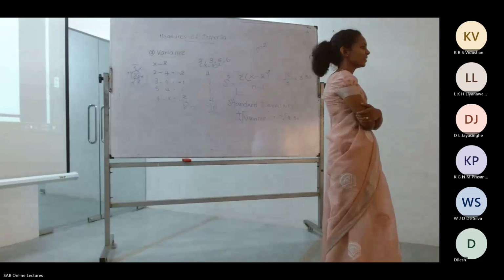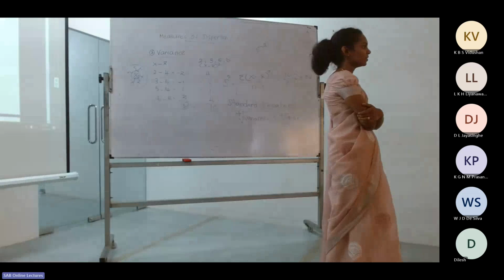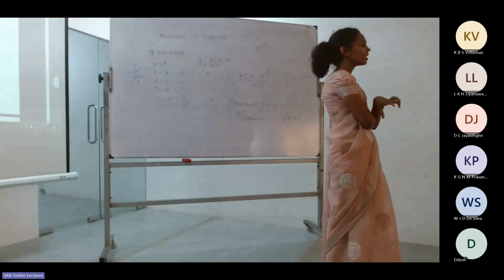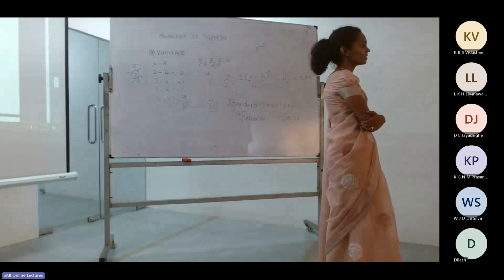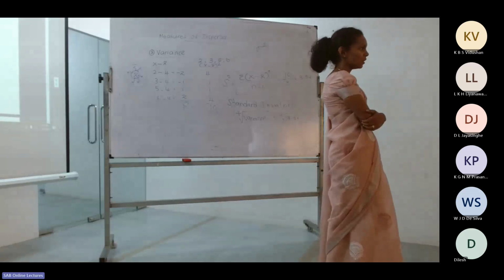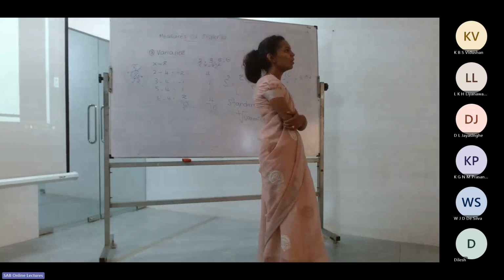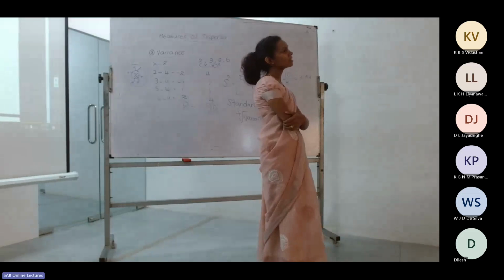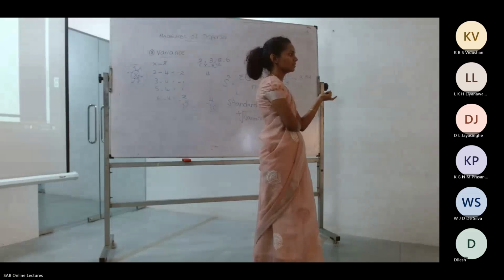Then can we get a negative value? We cannot get. Understood? Then the range is always a positive value. Why? Always we deduct the minimum value from the maximum value.